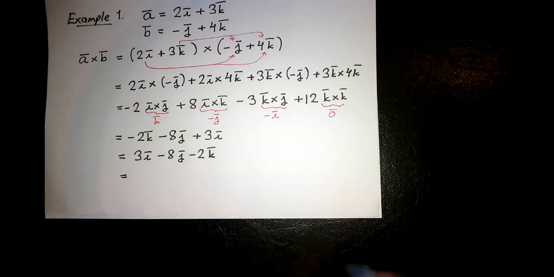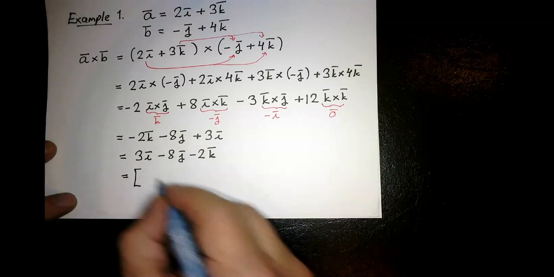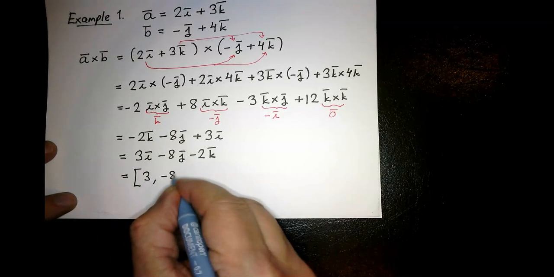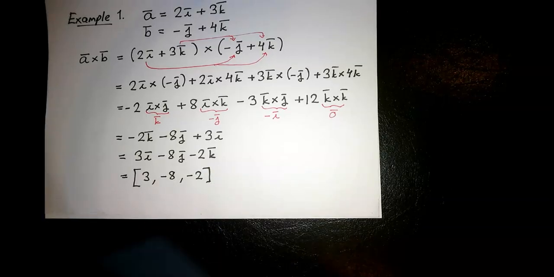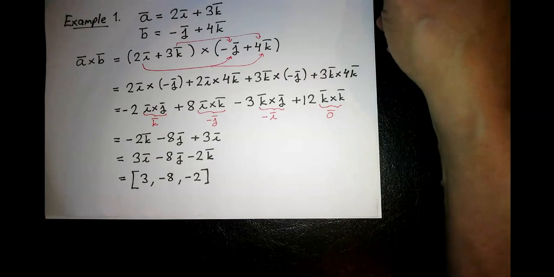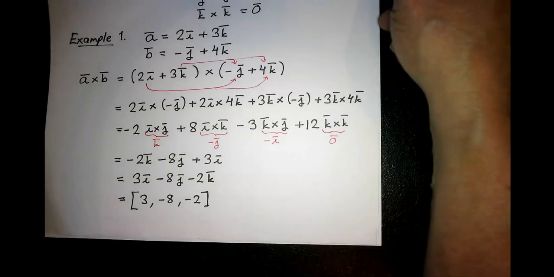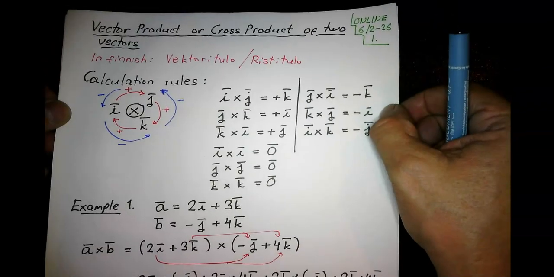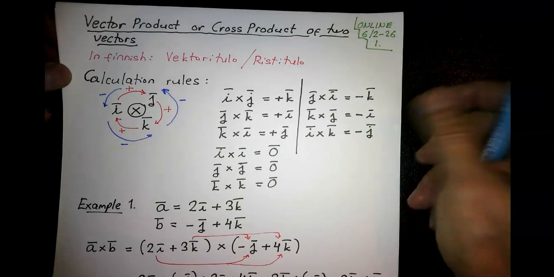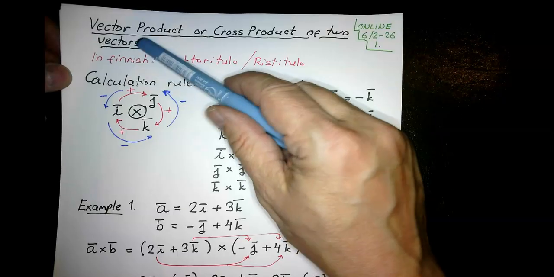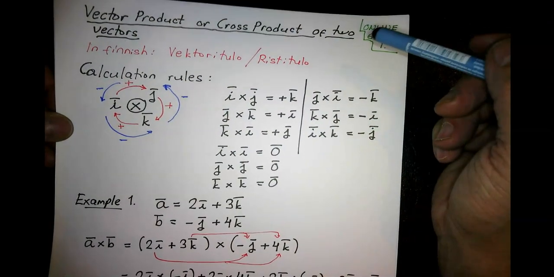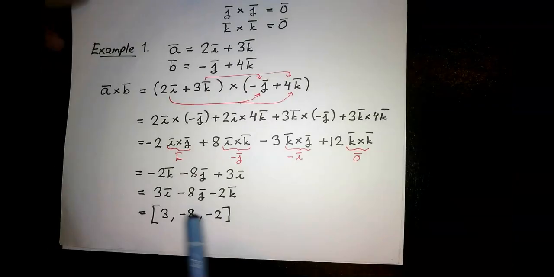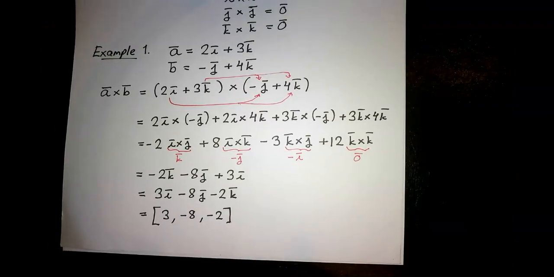Or in bracket form, 3, minus 8, minus 2. And as I told in the beginning, this product is called vector product, and that's because the result is always a vector, as we saw. We don't get the simple number, but vector.